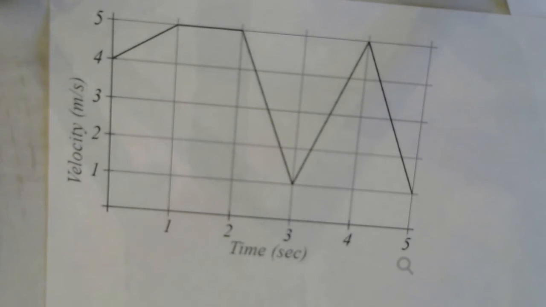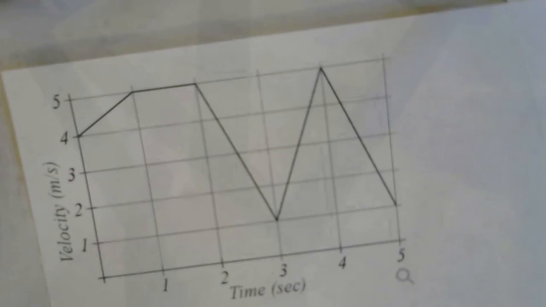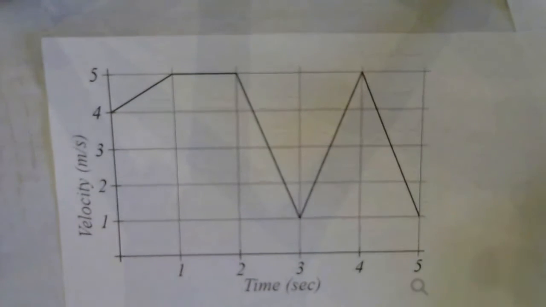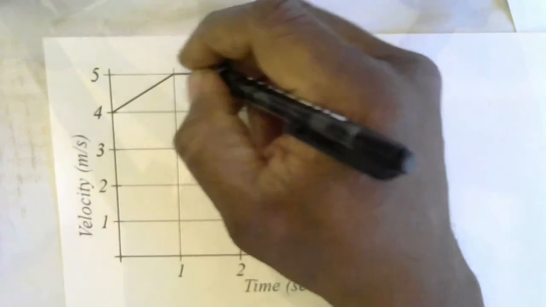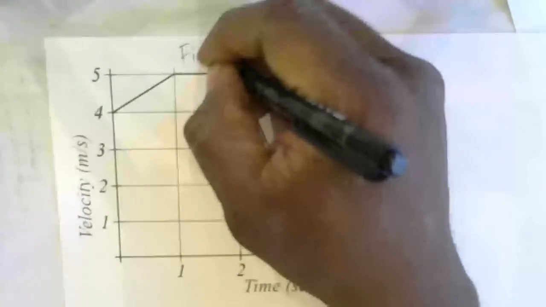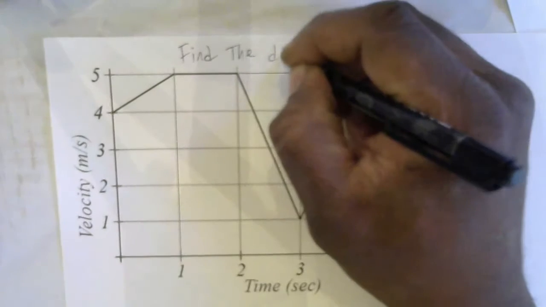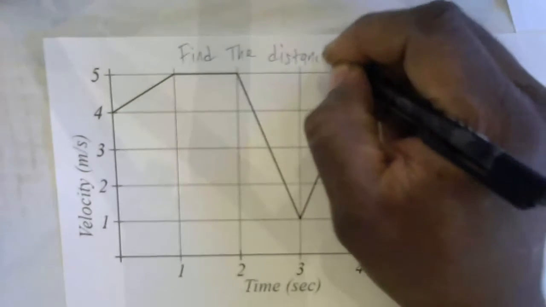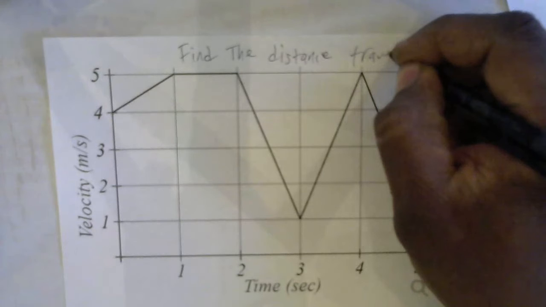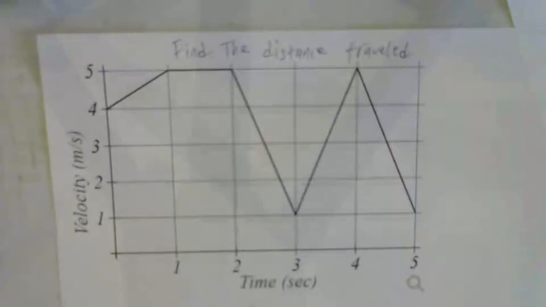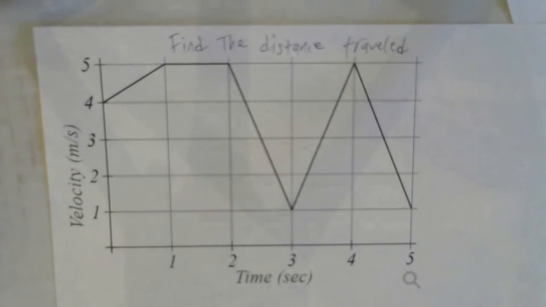You'll see a problem, I believe there's a problem similar to this in the section 1.2 homework. And you will be asked to find the distance traveled. So here again, this is the distance versus the area sort of thing.